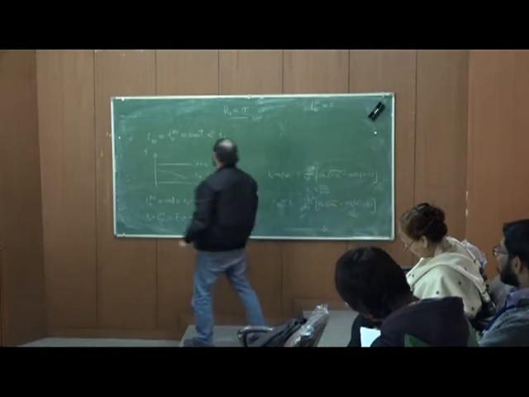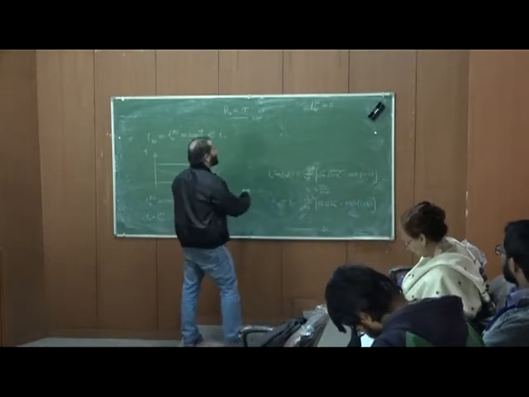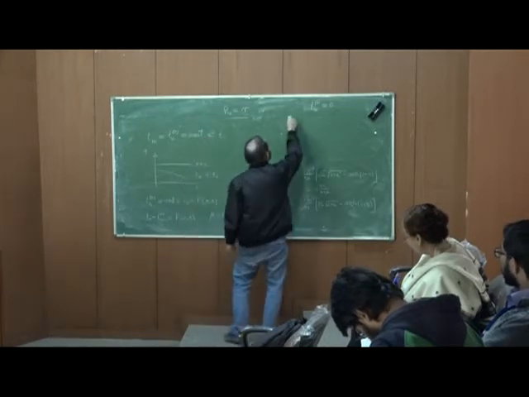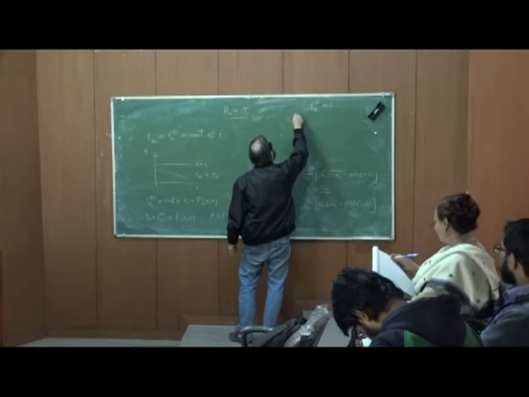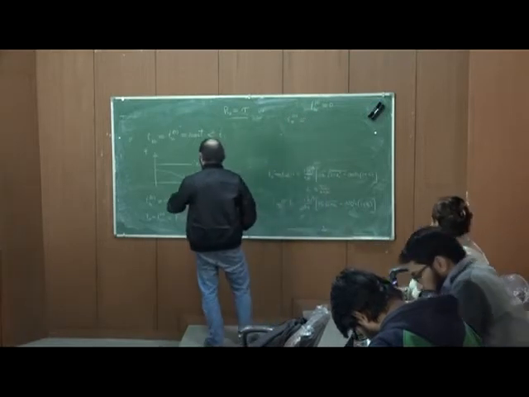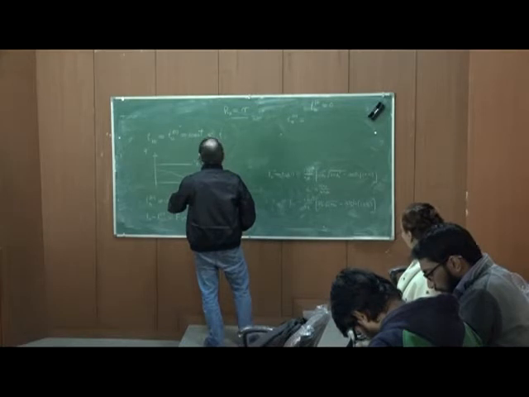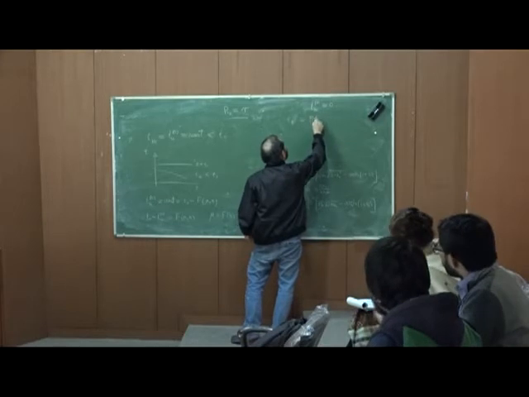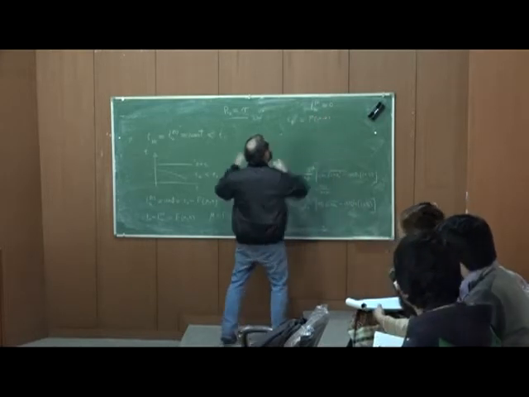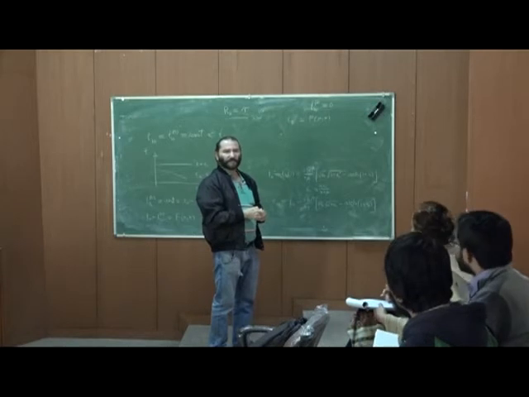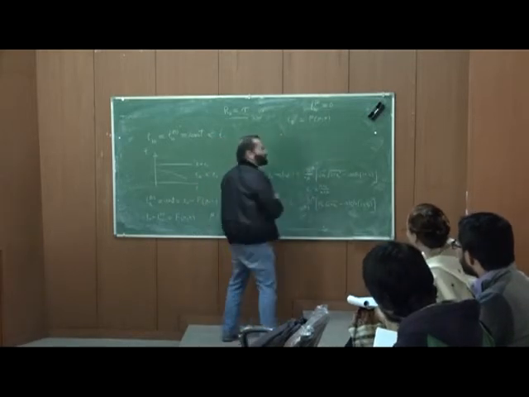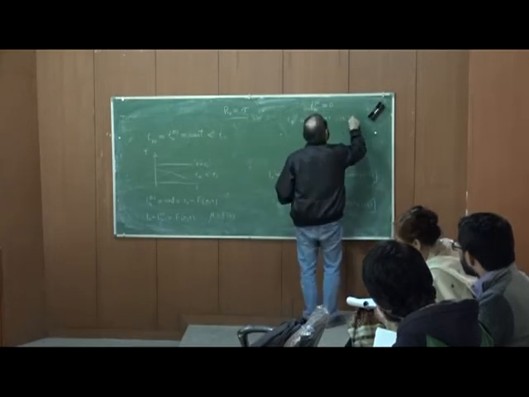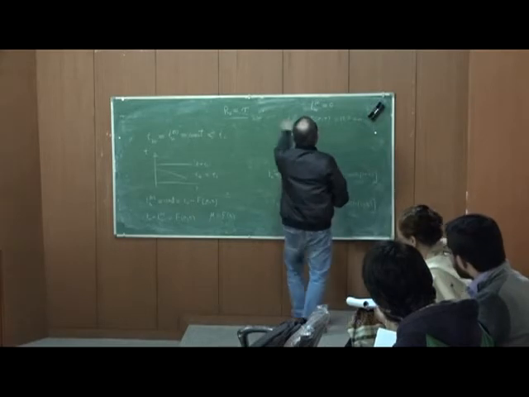Then your constraint is this. If we want T0 to be the present cosmic time, then this has to be equal to 13.7 gigayears. And that's it, you solve everything.